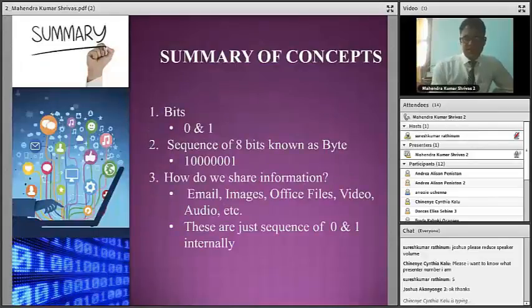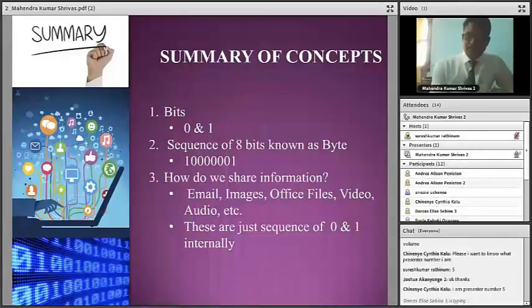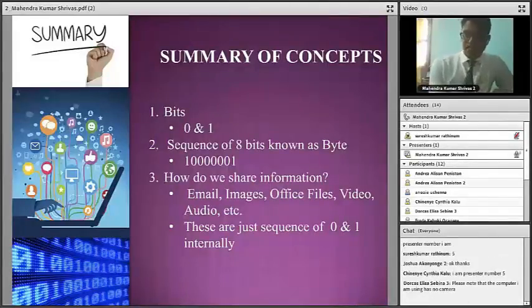For any organization, data is very important, whether it is audio data, video data, or any kind of data that we are using and sharing among businesses and users in our daily life. It is made of a basic thing which is called bits.